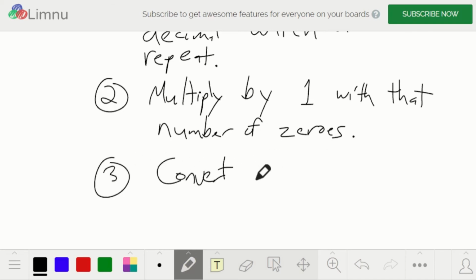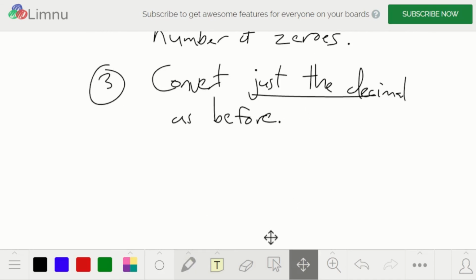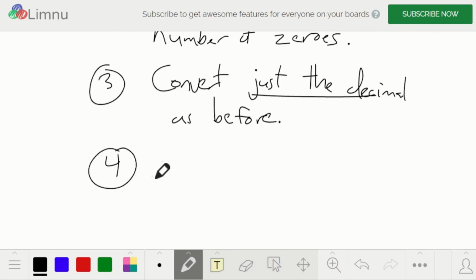Then we convert just the decimal as before. We make an improper fraction.